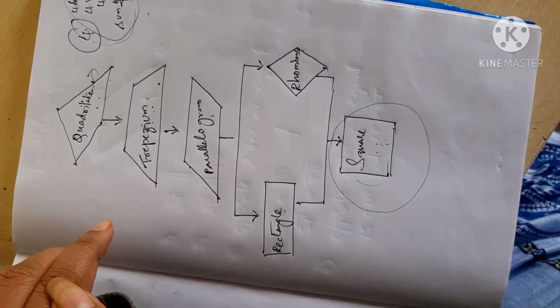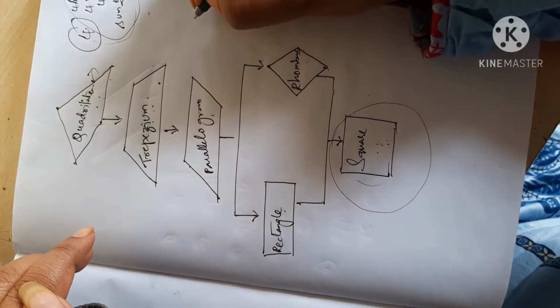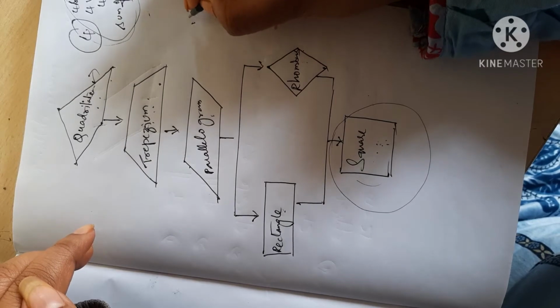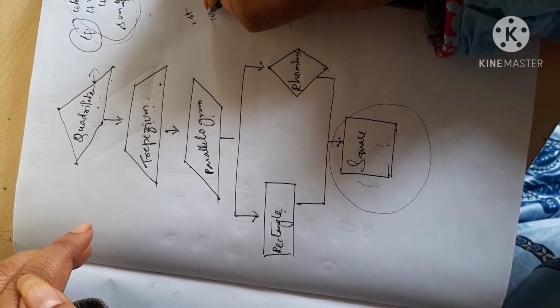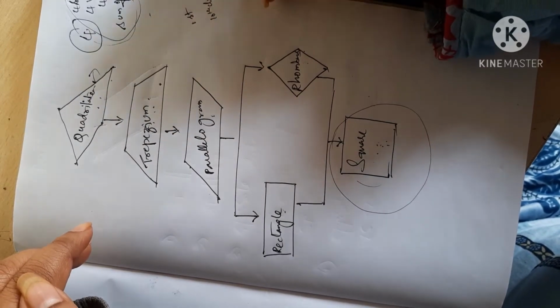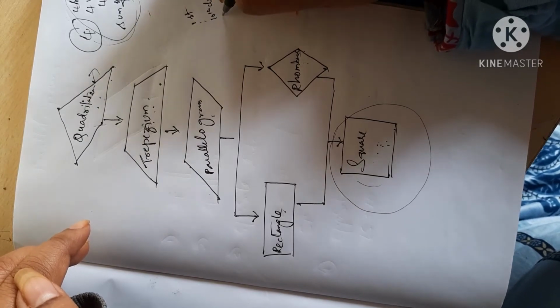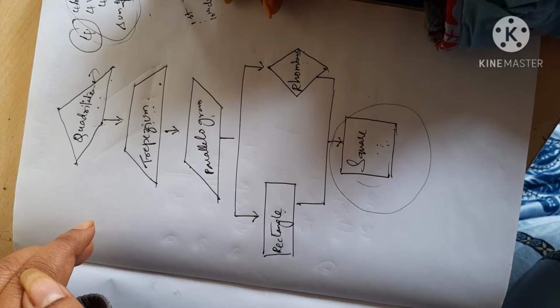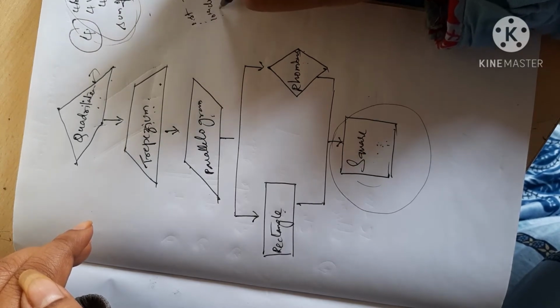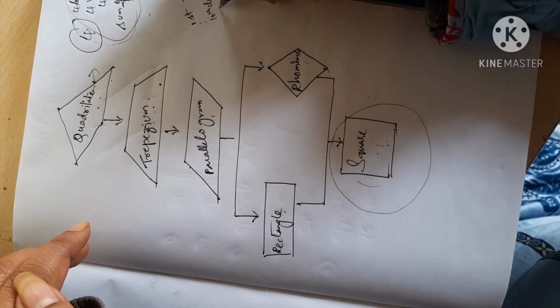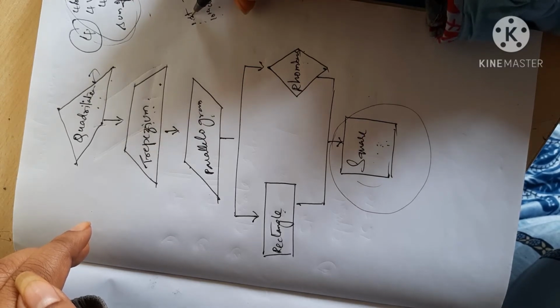What I want to explain is this: there is a first class student and a 10th class student. From first class you have learned second, third, fourth, then 10th, right? If I give a paper of first standard to the first class student and also the 10th class student, the 10th class student can solve the first class paper, but the first class student cannot solve the 10th class paper, right?